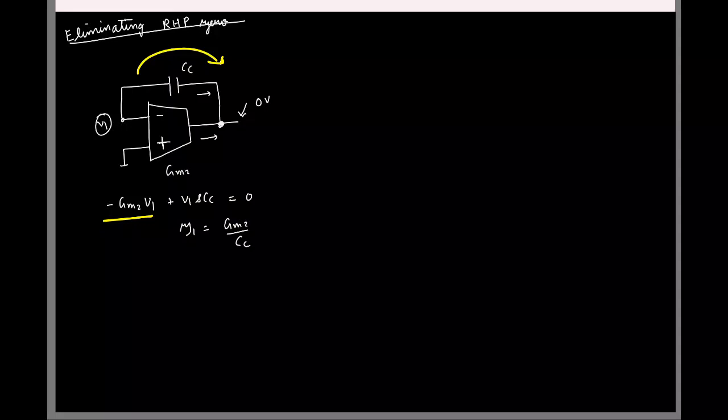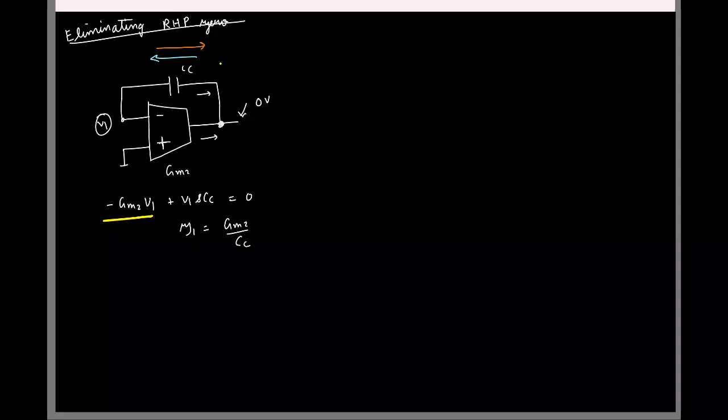And the reason we put CC was we wanted the Miller effect, and for Miller effect we need to put something in feedback. So we actually want the current only in this direction, only feedback. But we also have a current in this direction, and that's simply because we have a capacitor.